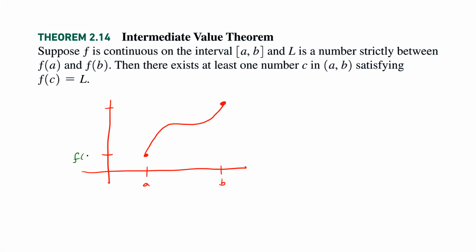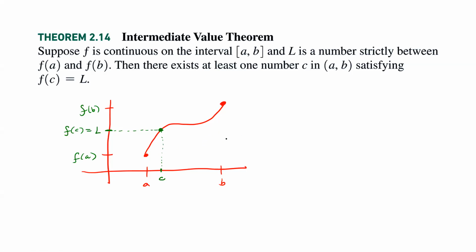And then here's f of A here, and here's f of B here. So if I pick some random number in between them, then it's got to correspond to some point C in the interval A to B, where f of C is equal to L.